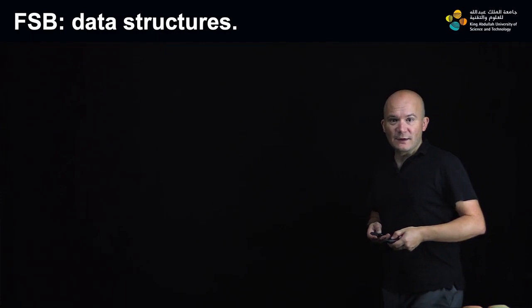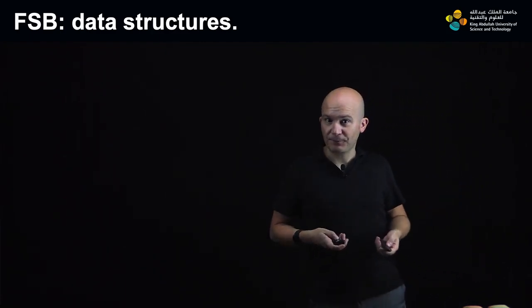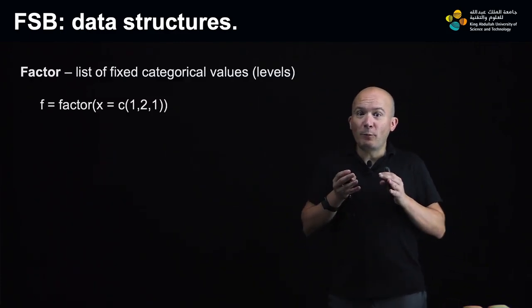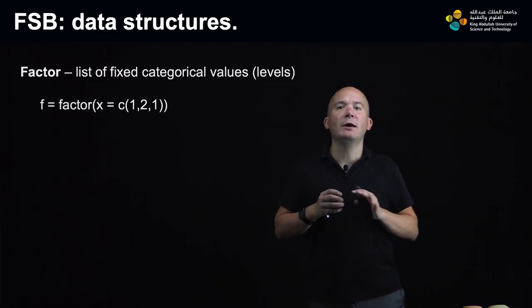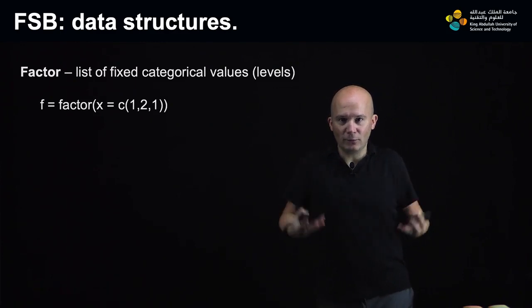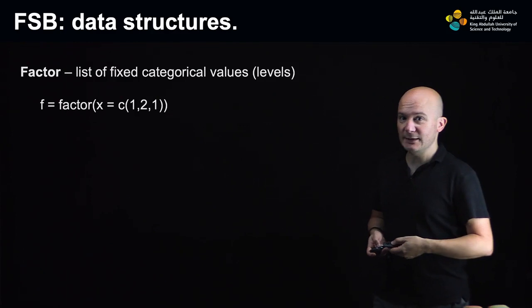One last thing to consider before we start our coding lectures is factors. Factors are lists of predefined sets of values. Imagine we allow only a predefined palette of colors when we paint. See an example here, which is very easy to understand.